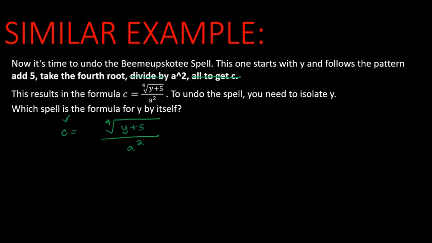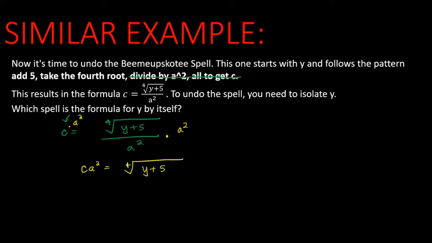Divide by a squared. So what's the opposite? How can I undo that piece? Well, if I wanted to undo dividing by a squared, I'd have to multiply by a squared, right? So I'm going to multiply both sides of my equation by a squared. This gives me c a squared equals the fourth root of y plus 5.